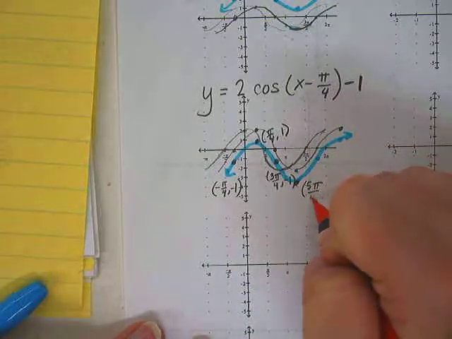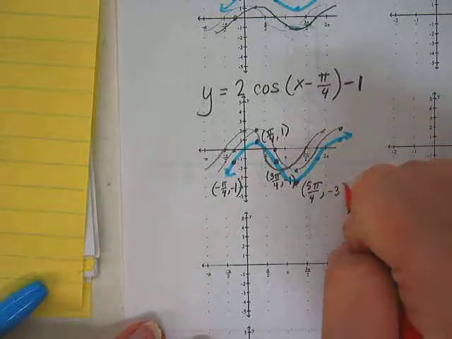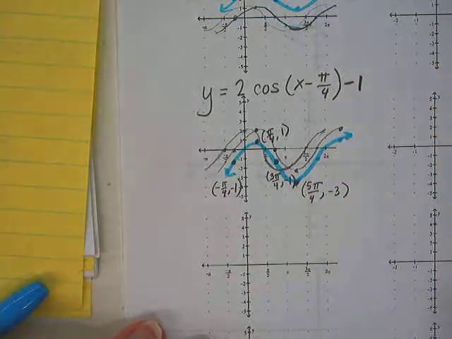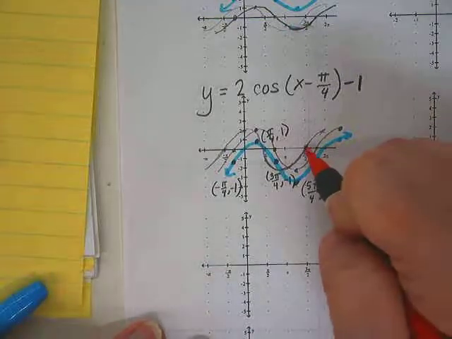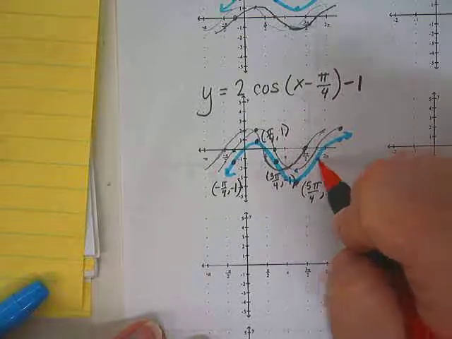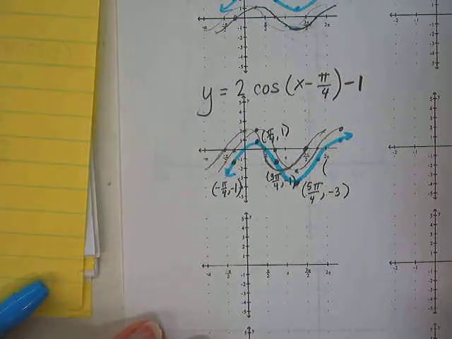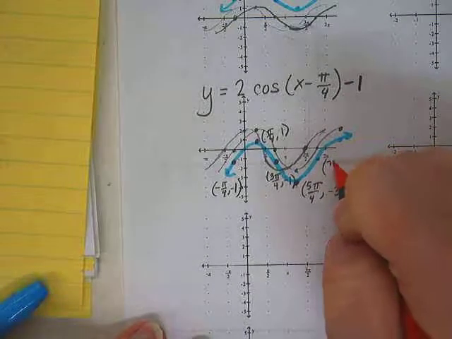Okay, so in my original graph that minimum would be at π, but then we shift that π/4 to the right and down 1. So it would have been at (π, -2). So instead we add π/4 to π. So what's that going to be? 5π/4? And then down, instead of at -2, it moves down 1 from there, so at -3.